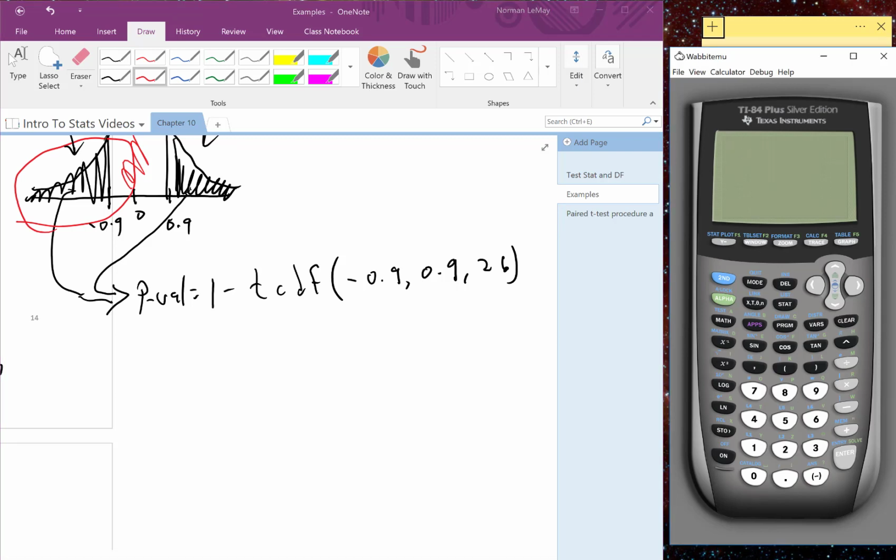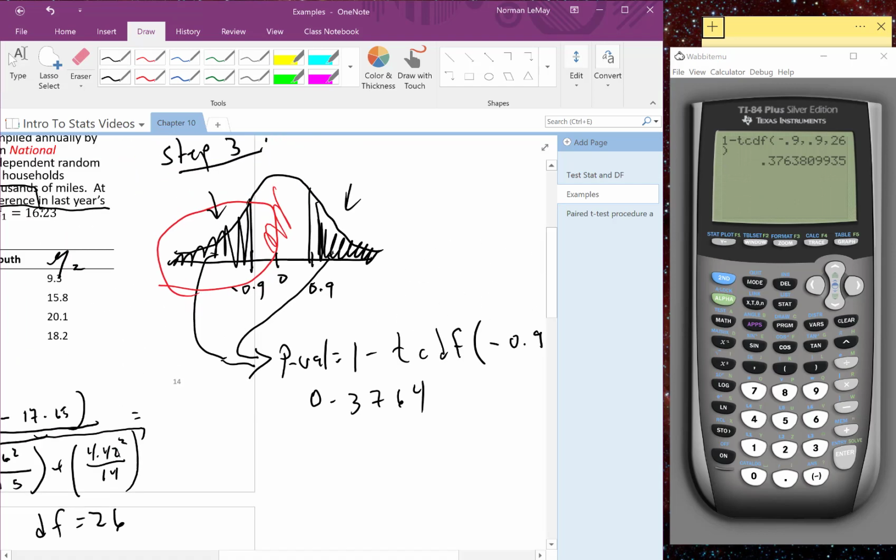So let's go ahead and go 1 minus, then second distribution, and then our TCDF menu option 6, so negative 0.9, comma, 0.9, comma, 26, close. So we end up with 0.3764.